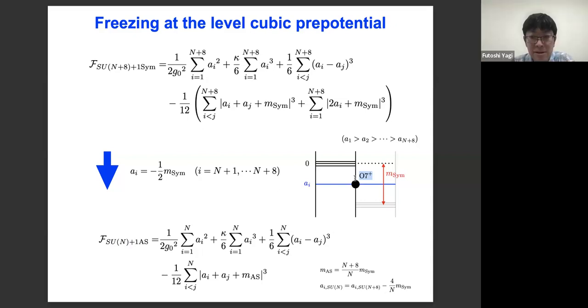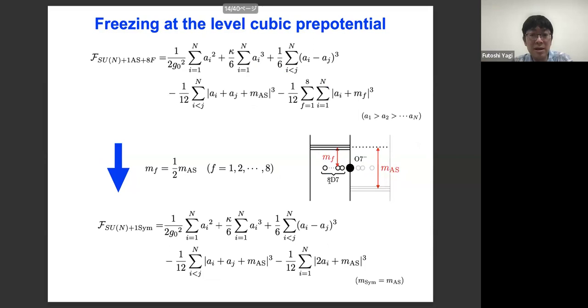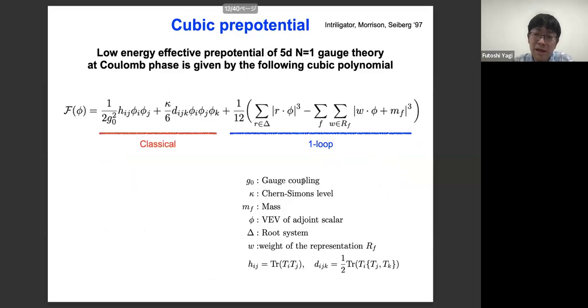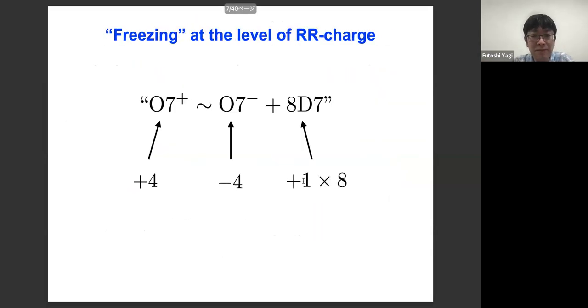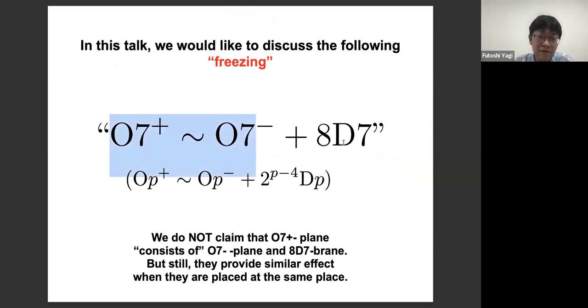Yes, yes. In this talk, at this stage, I'm ignoring the D7 brane dynamics by hand. It means that if we consider the symmetry on D7, this equivalence doesn't exist from the beginning.